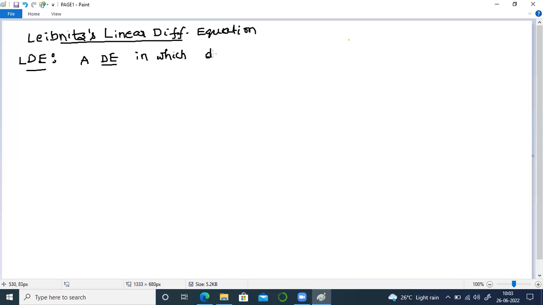the dependent variable, you know what the dependent variable is, and its differential coefficients occur only in first degree.